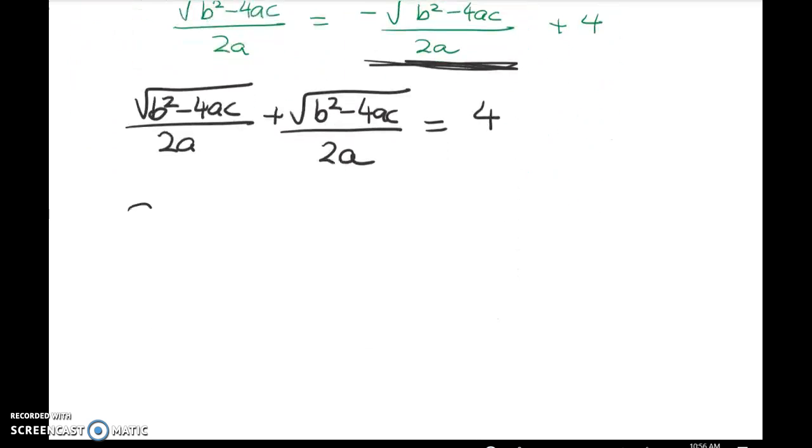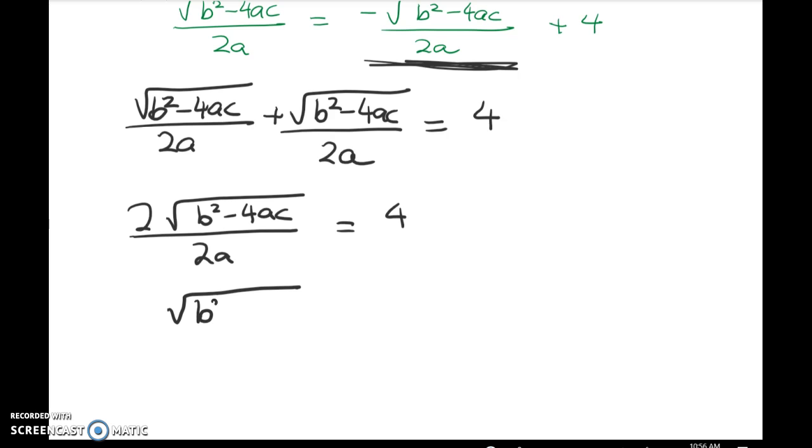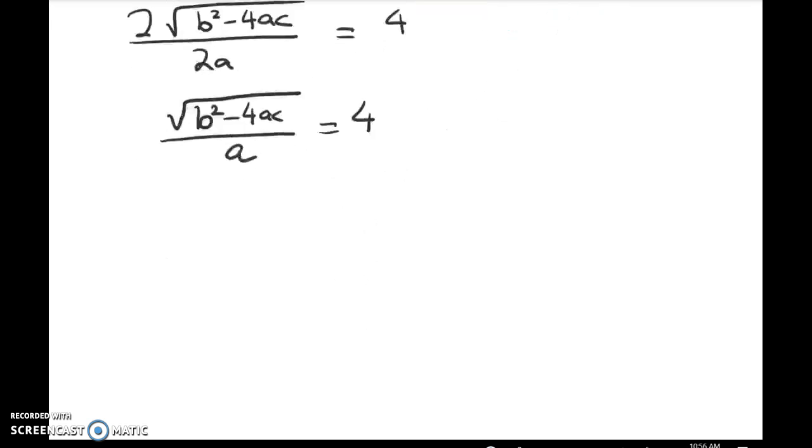Now, that gives me two lots of those. So 2 times the root of the discriminant over 2a equals 4. And I should be starting to feel happy because I can see some things simplifying already. So the square root of b squared minus 4ac, divided by a, is 4.